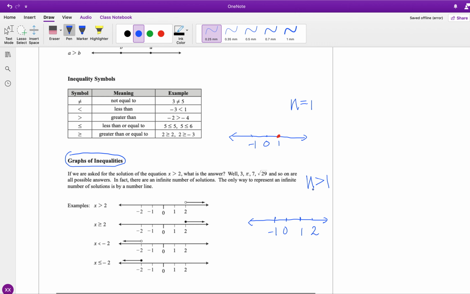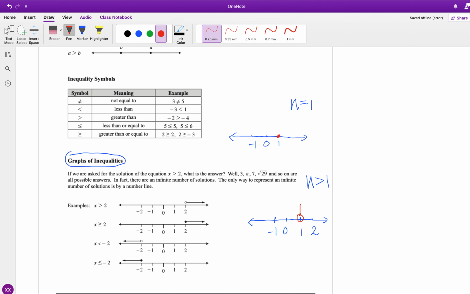So if I say, using this number line to represent a scenario where this number is larger than 1, that means in a range of numbers, those numbers are all larger than 1. So what I do is that it is an empty dot.